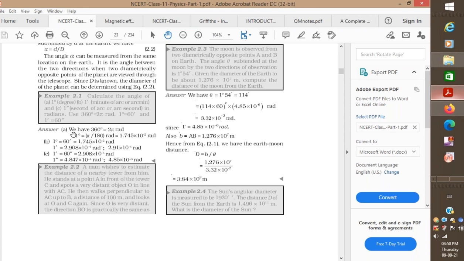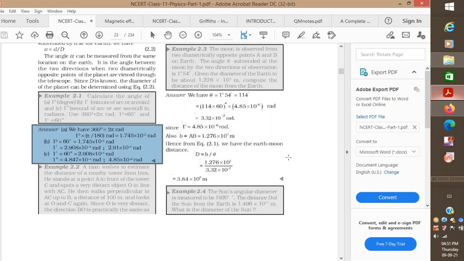These are a few things which you have to either remember or calculate by yourself during your exam, when you may be required to convert from degree to radian, radian to degree.